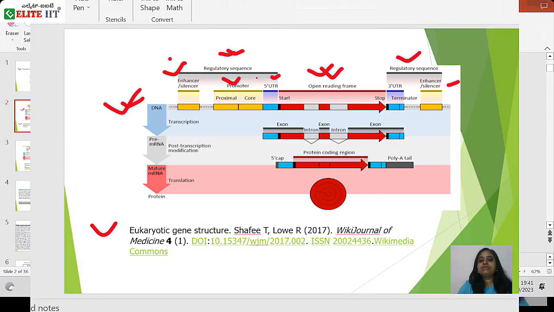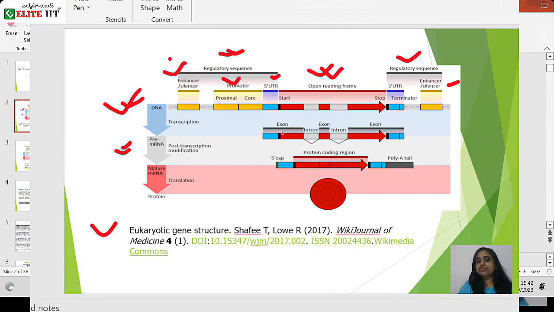Now, from the DNA, generally pre-mRNA or hnRNA, heterogeneous nuclear RNA, is produced. That is called the pre-RNA, produced before the maturation of mRNA. In that case, we are mainly talking about the RNA part.